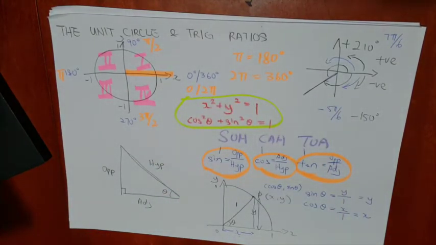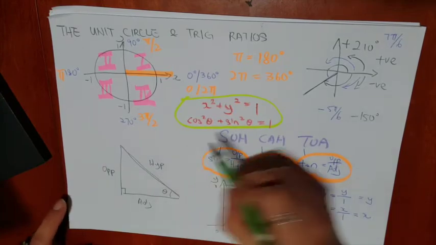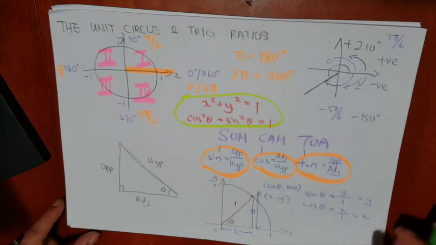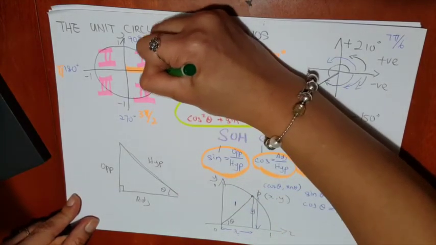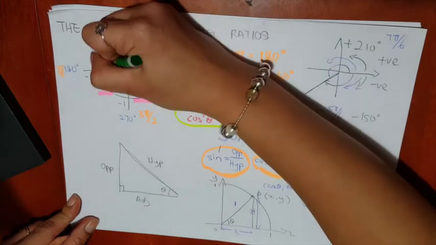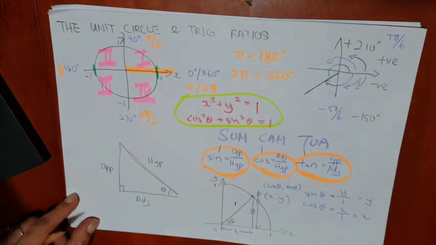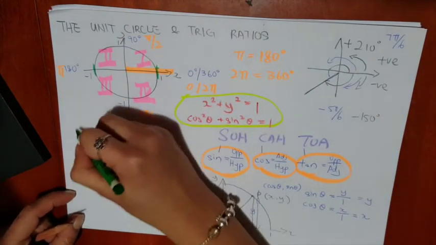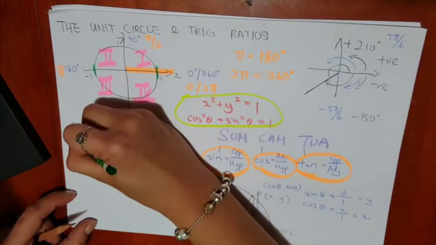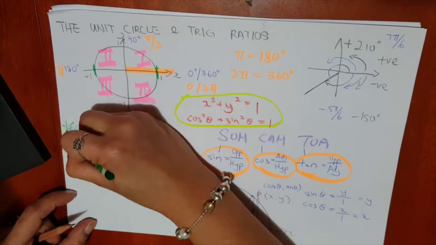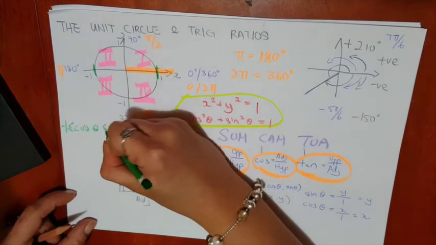Also we need to know that for all points on the circle, because my cos is my x, and x has a maximum value of 1 and a minimum of -1, we know that cos theta lies between -1 and 1.